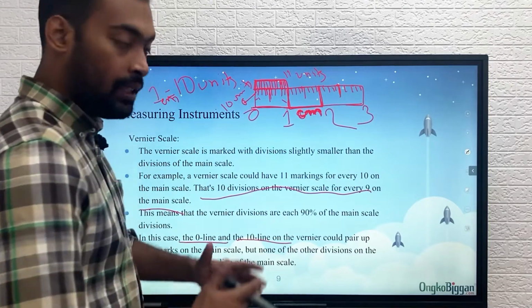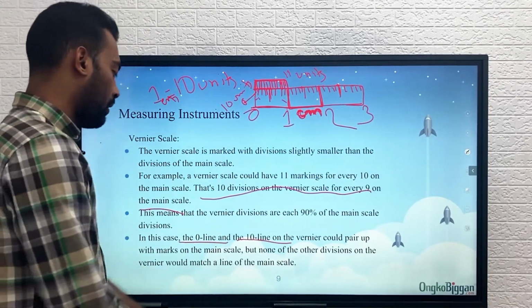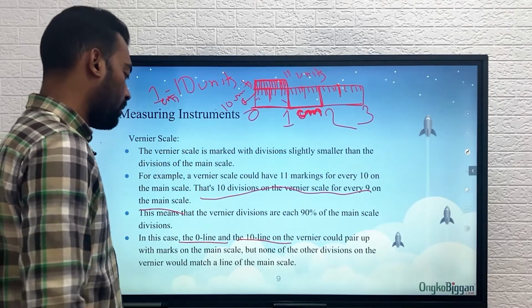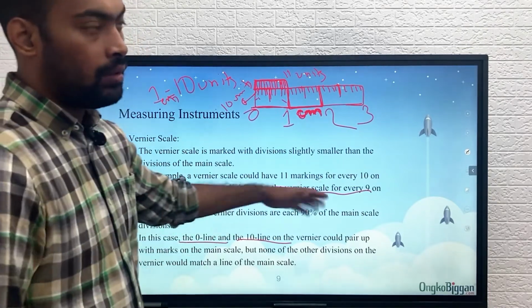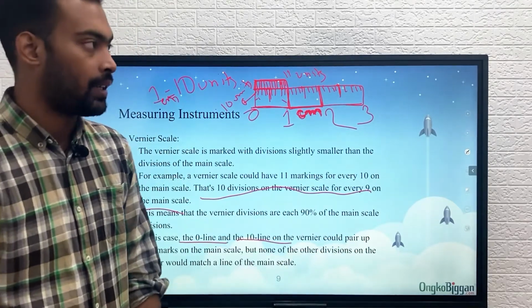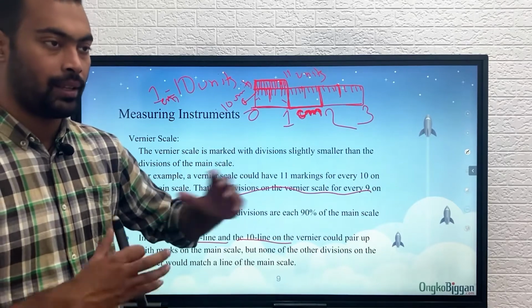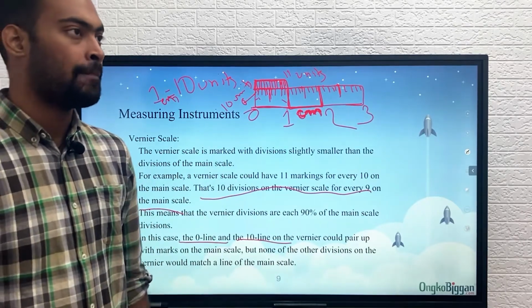And none of the other divisions on the Vernier scale would match with the line of the main scale. This is something you actually have to see in your practical laboratory class, otherwise it's not possible to explain if you do not see it visually.